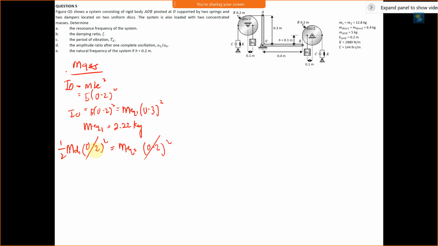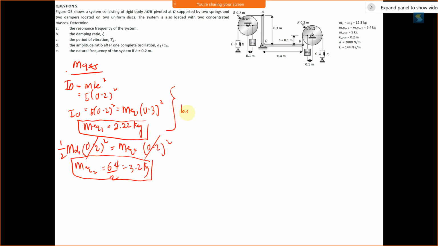Cancel out, then M this is given as 6.4, then we'll get M equivalent 2 equals to 6.4 divided by 2, which is 3.2 kilogram. So first here, and second M equivalent 2 for this. This is for beam. This is for this 2.